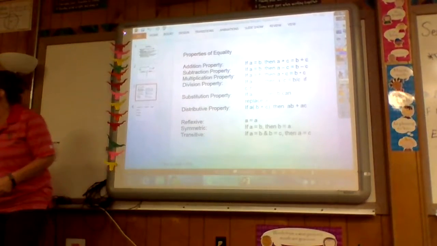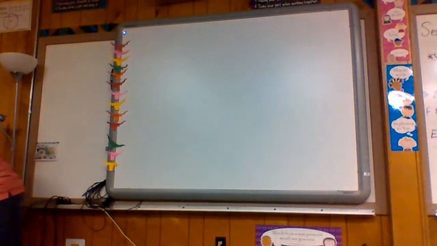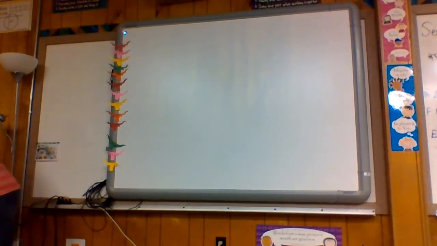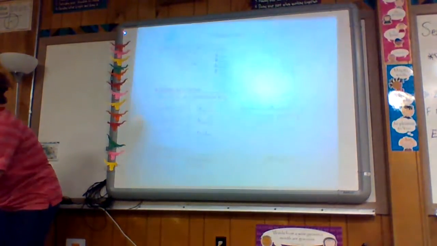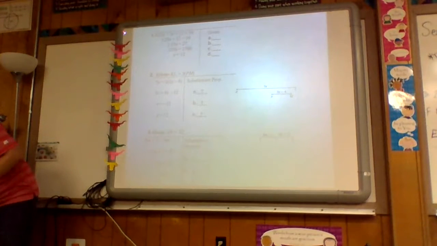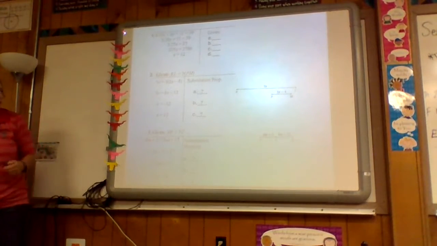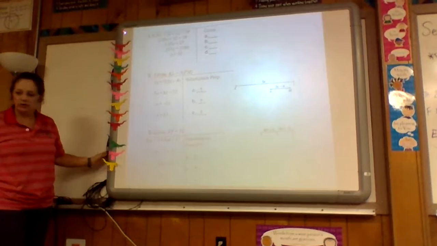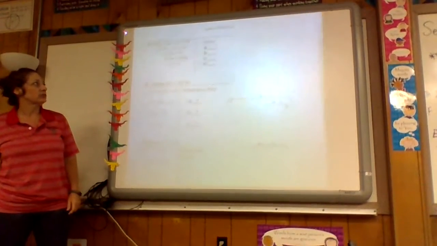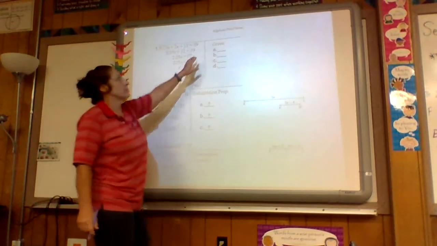Let's do some sample proofs, which you have on that paper sitting in front of you. We'll just practice them together. These are your first sets of algebraic 2-column proofs, and they will eventually get glued into your notes.